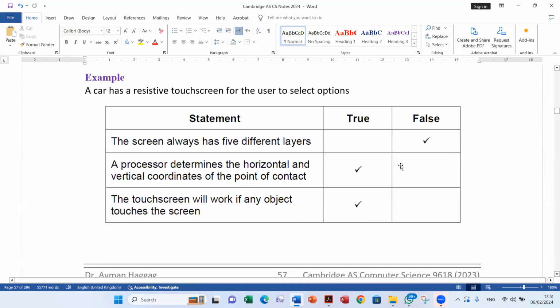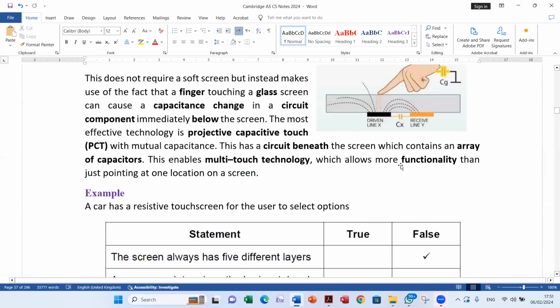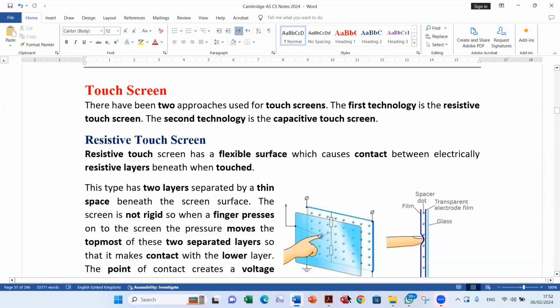Next, we have the touch screen. Now we study the touch screen. The touch screen is considered as both input and output. Actually, it's an output device on which input can be entered because it's a screen, so it's an output device.